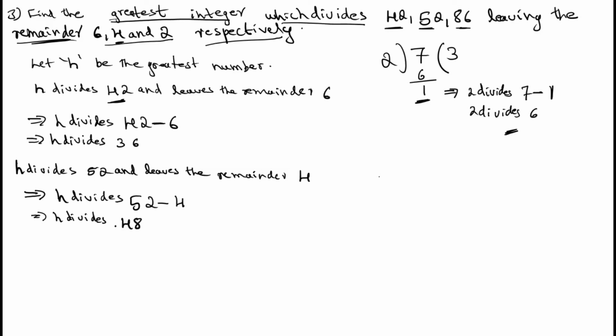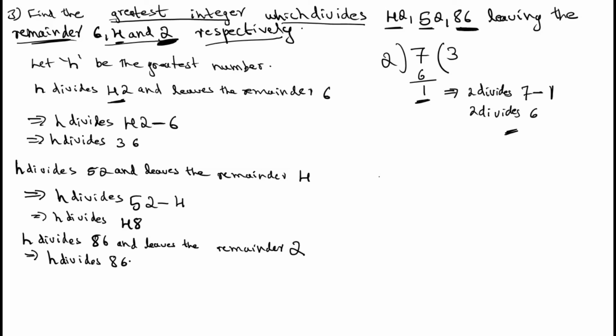Take the third case: H divides, what's the third number given here? The third number, that is 86, and leaves the remainder. What's the remainder given for the third number? Here you can see the remainder is equal to 2. This implies H divides 86 minus the remainder 2. This implies H divides 86 minus 2, it's equal to 84.